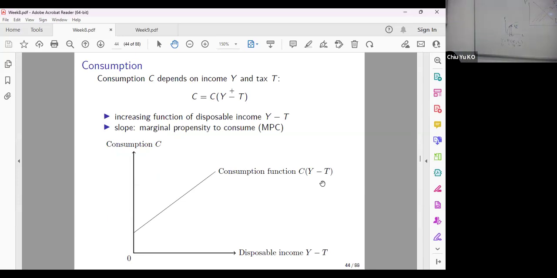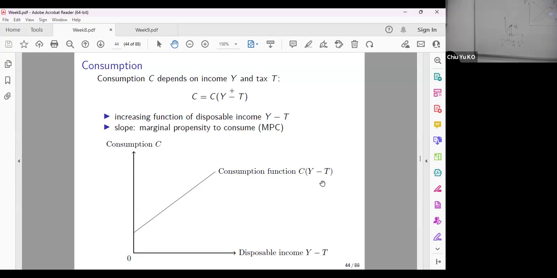For consumption, this is a famous one, we call it the consumption function. This was first proposed by Keynes. I don't have time to go into that, but what he said is if you have more money, you spend more money. And you don't spend all your money, you keep something in the bank.